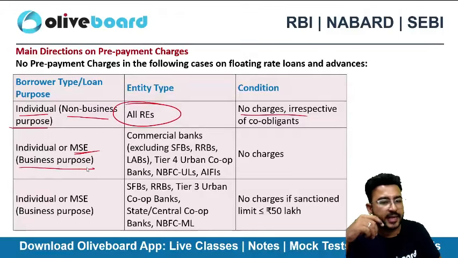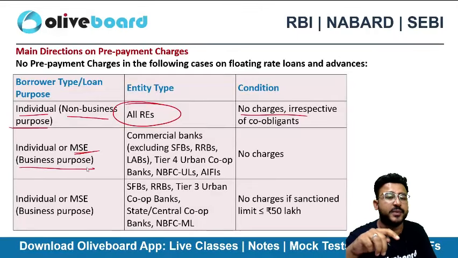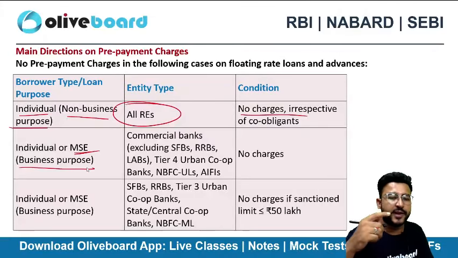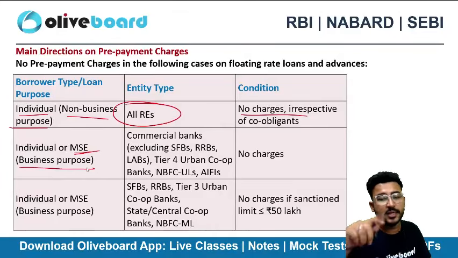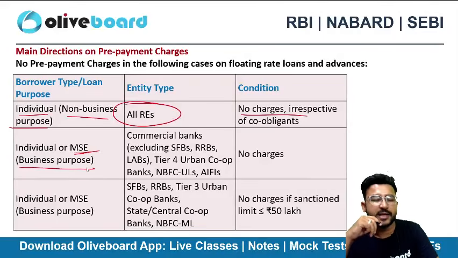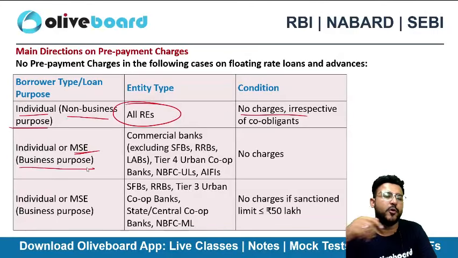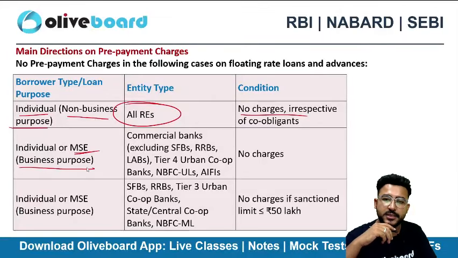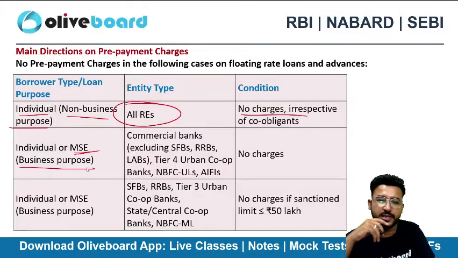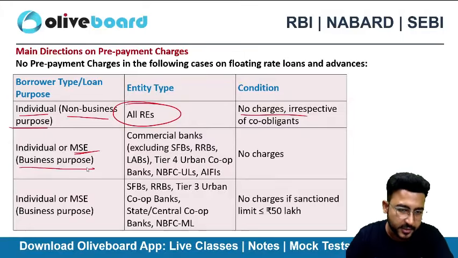If the lender is a commercial bank, but excluding SFB, RRB, and LAB, that means small finance banks, regional rural banks, local area banks, they can charge. But the rest of the commercial banks will not charge. Tier 4 cooperative banks will not charge. NBFC upper layer won't charge. Rest of the NBFCs can charge. AIFI cannot charge.